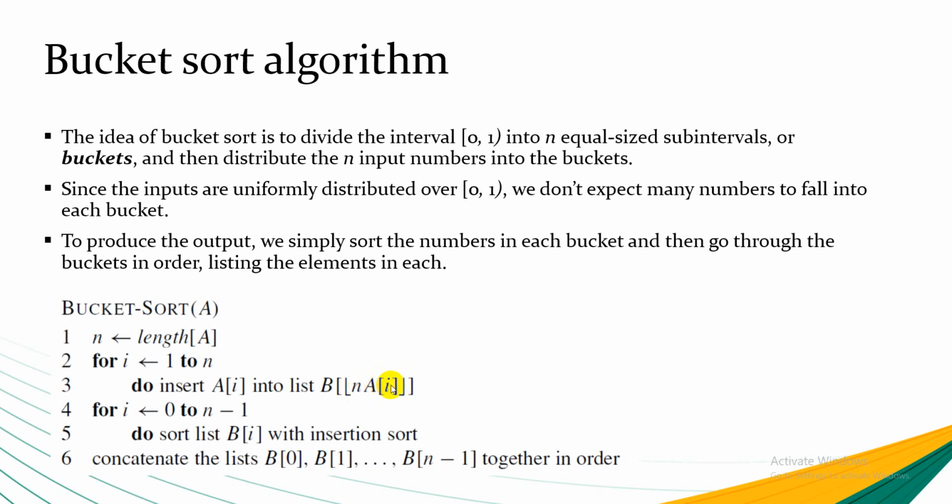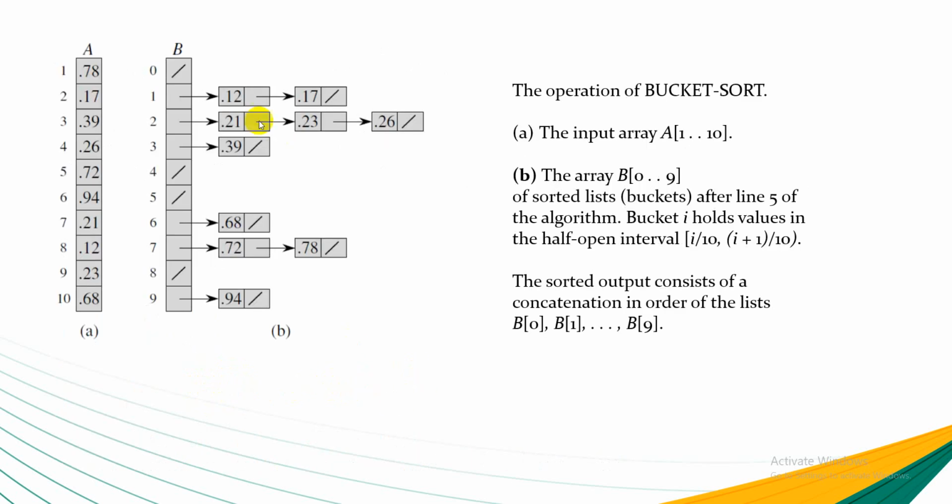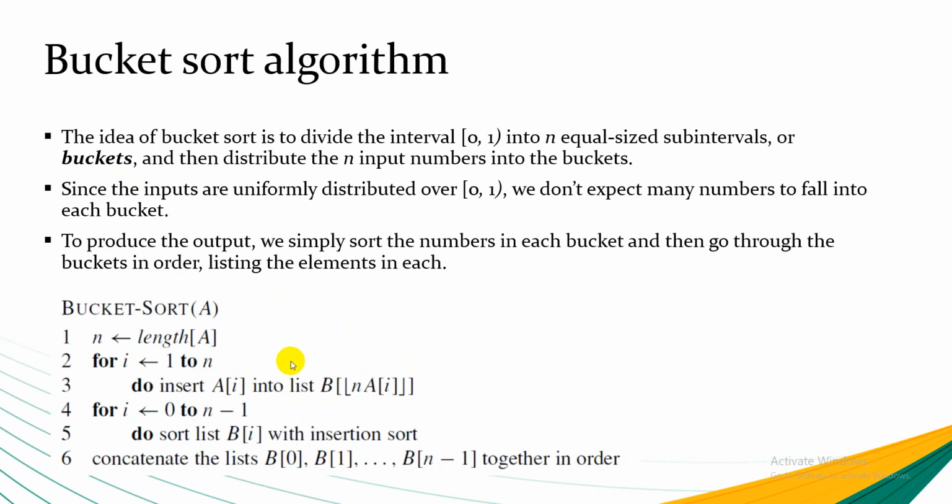So 10 multiplied by 0.45 will give us 4.5. The lower bound is 4. So we'll place 0.45 in the interval with index 4, which is this one. This is the meaning of this expression.